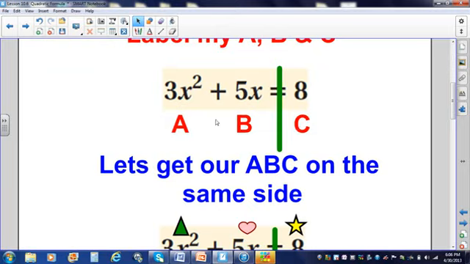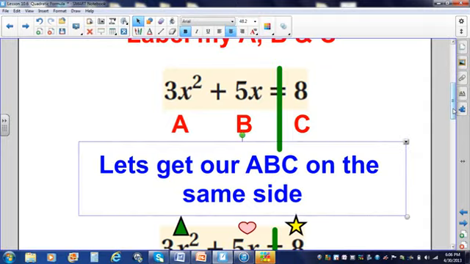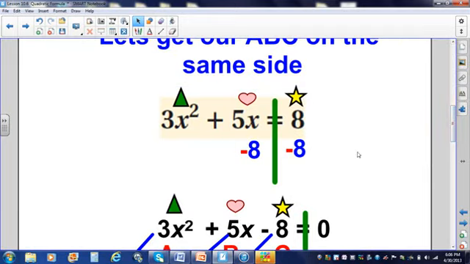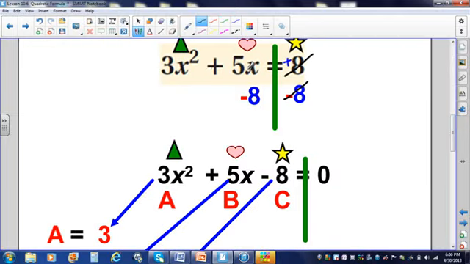But notice A and B are on one side and C is on the other. So let's get our A, B, C on the same side. How are we going to do that? Well, this is a SPY for the pluses. I'm going to do the inverse operation, and subtract 8 on both sides. These will cancel out. Remember, I cannot combine anything because these are not like terms.